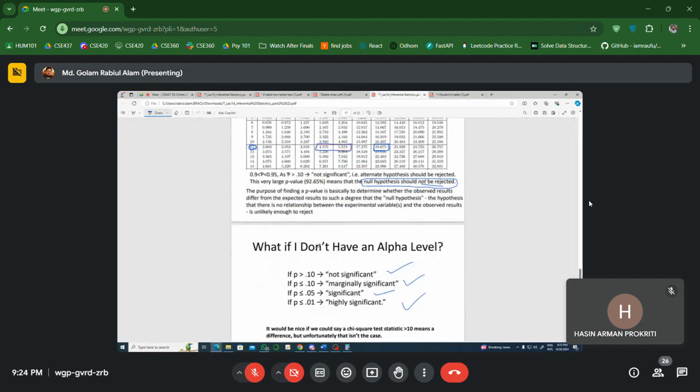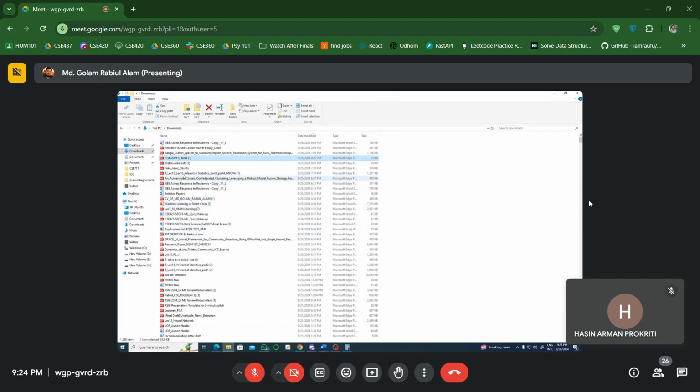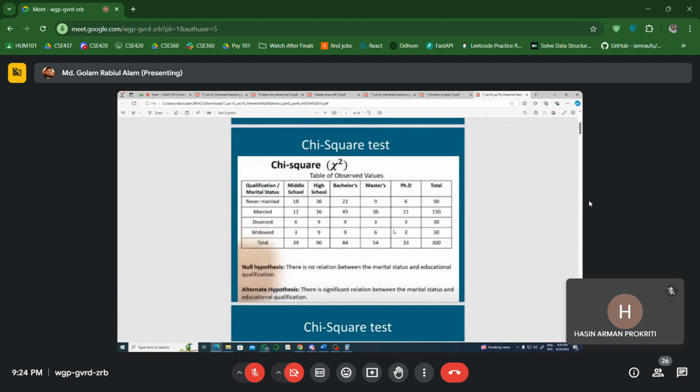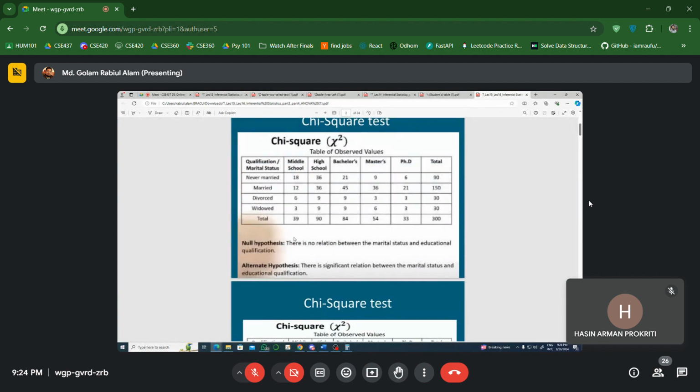Now we want to discuss a little more about the chi-square test, because we have worked on just one-dimensional data. So another problem: the null hypothesis is there is no relation between marital status and educational qualification.